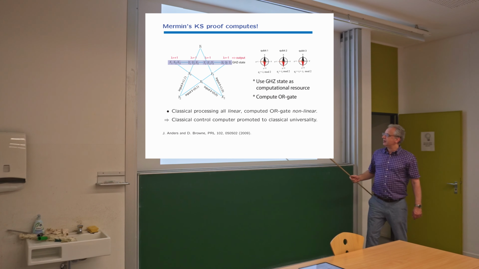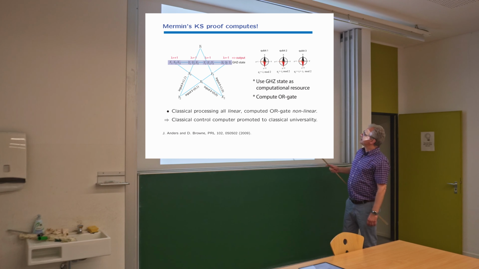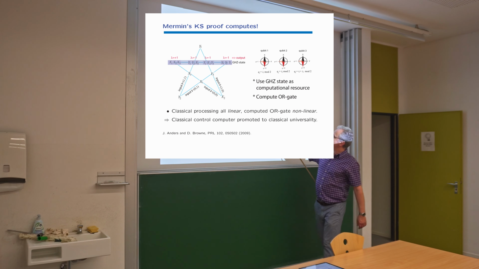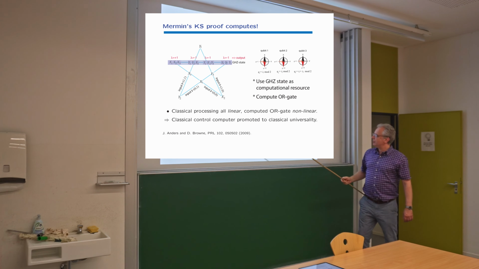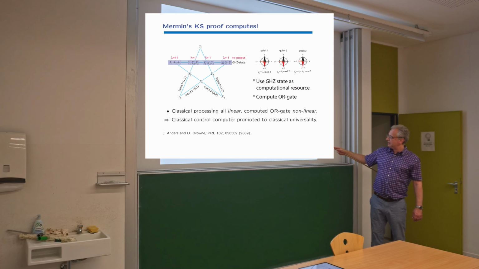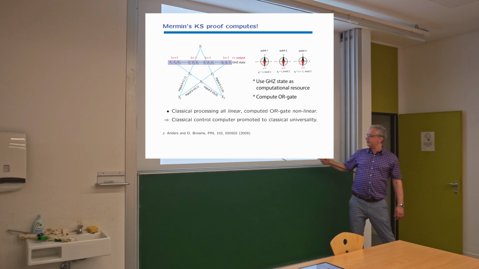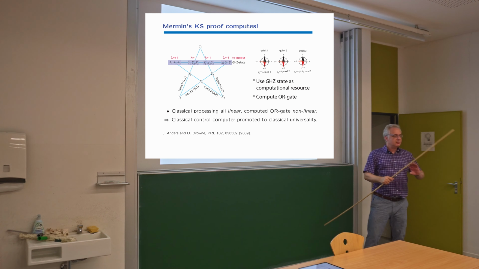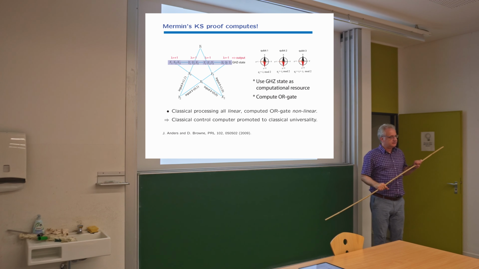So this is what happens. Access to this quantum resource, this Greenberger-Horne-Zeilinger state, promotes a classical control computer that can only evaluate linear functions to computing nonlinear Boolean functions. And so you go from some device that is super limited to something that's classically universal. So that's a step up.